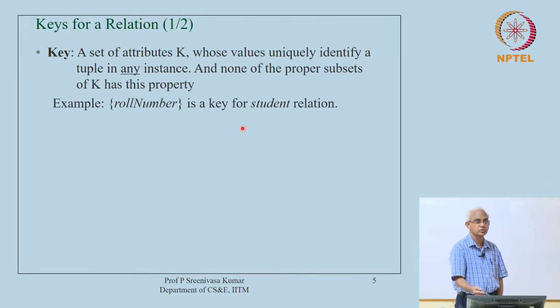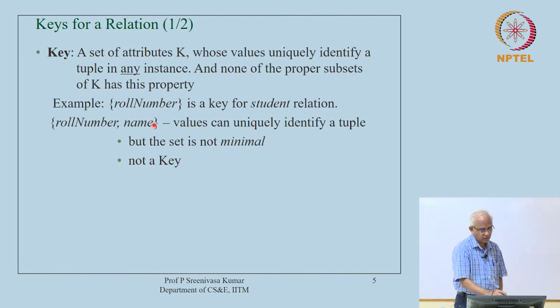So, roll number for the student relation is in fact of course a key. There are no two students with the same roll number, and so in the student relation, which we have seen a little while before, roll number is a key attribute. Okay, what about roll number and name?